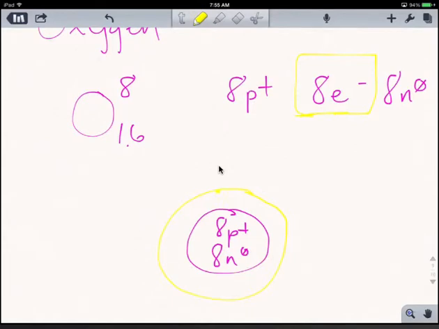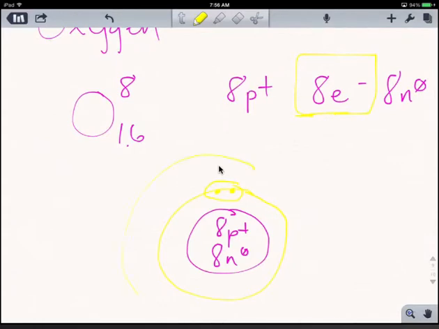I put in my first 2, and I'm going to pair those guys up right away. They're paired up. Can't use those for bonding. They're happy where they are. They might move up in energy level and give off some light or some heat as they come back down. We can talk about endergonic and exergonic reactions sometime later in class, but for this part, let's not focus on that. So I used up 2.